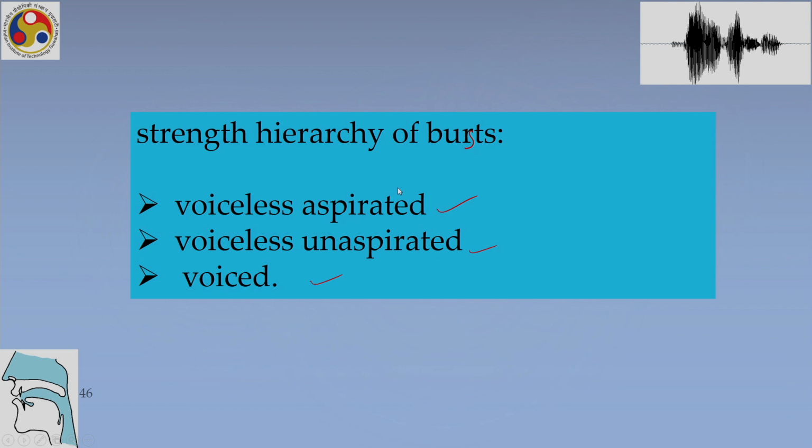Another important acoustic property of stops is the release burst. If we recall articulatory phonetics, we remember the constriction that we saw in the production of the consonants, and this constriction is reflected in the acoustic property as a release burst, which we will see very soon.